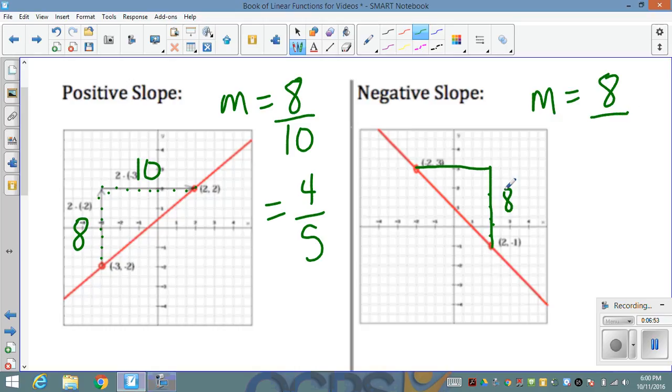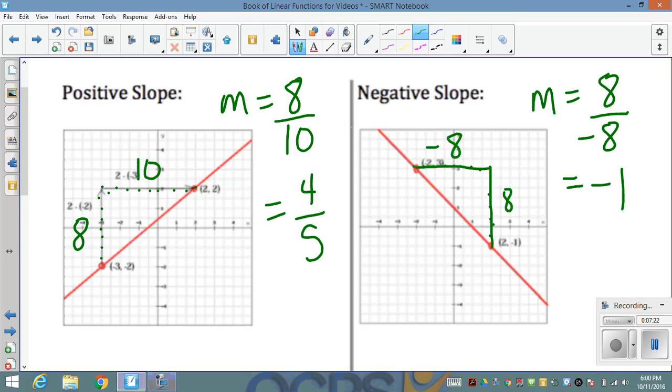And I'm going to count to the left 1, 2, 3, 4, 5, 6, 7, 8. Now because I went to the left, it's going to be negative. My slope is 8 over negative 8, which reduces to negative 1. Notice my slope is negative, and again, it looks like it's going down a hill, down from left to right.